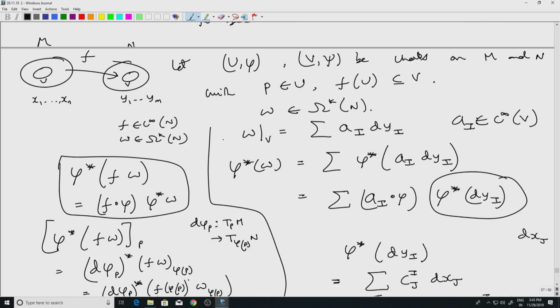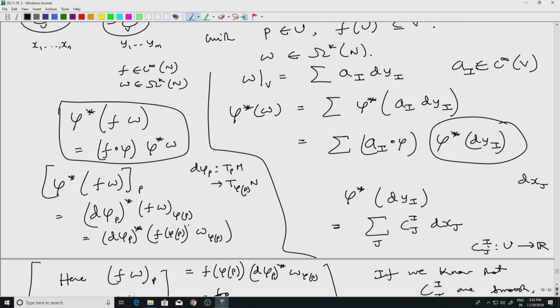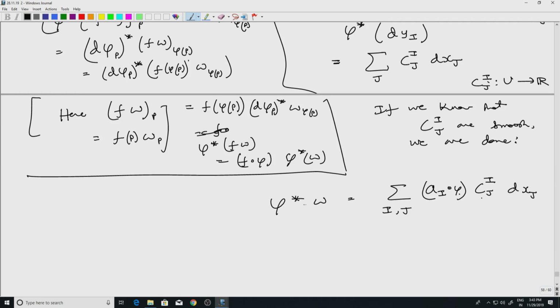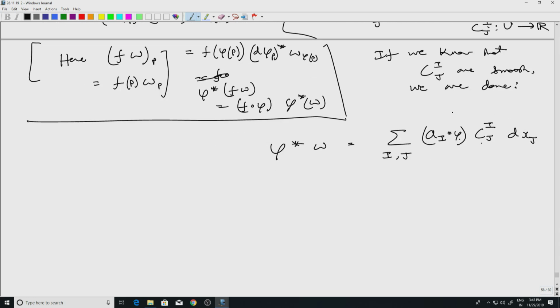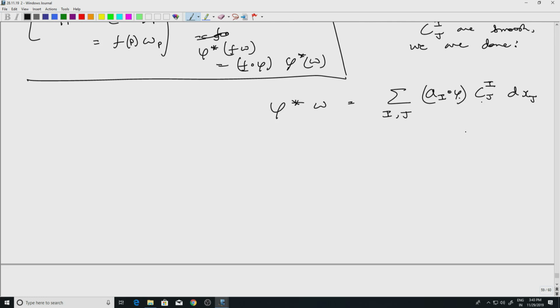Oh, oops, this is not F, this is phi. So phi is smooth and the a_I are smooth, therefore this composition would be a smooth function on U. And if we knew this c_IJ are smooth, then this product would be smooth. So one would be done.